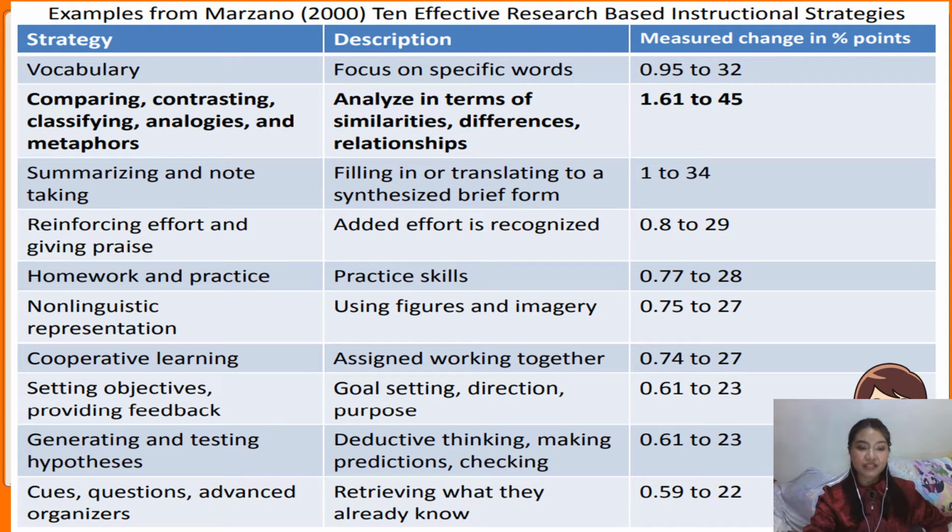Next is generating and testing hypotheses. This is where we think with deductive thinking, making predictions, and also checking. The last but not the least are the cues, questions, and advance organizers. These are retrieving what the learners already know.